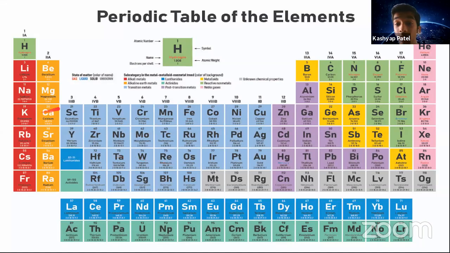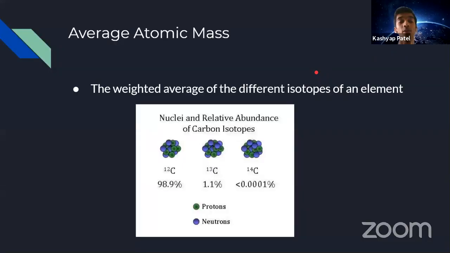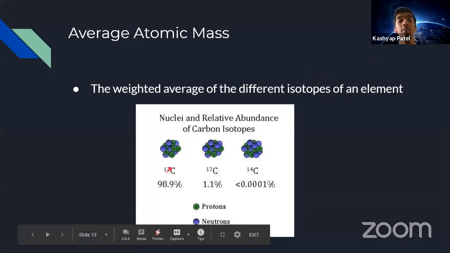You might not be able to see this, but carbon's weighted average atomic mass is 12.01. You would get 12.01 from multiplying 12 by 0.99 and 13 by 0.01 and adding that together. That's the average atomic mass.